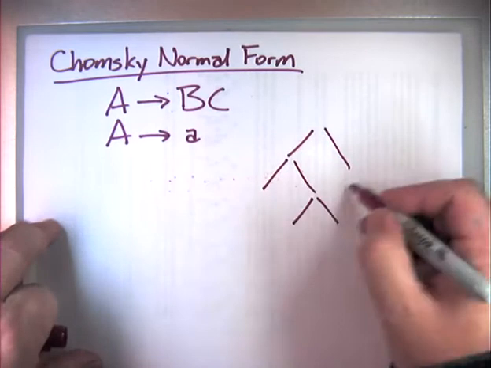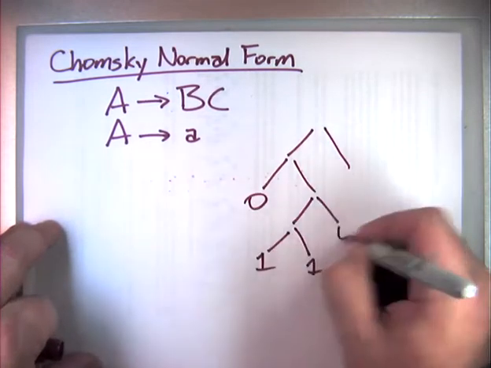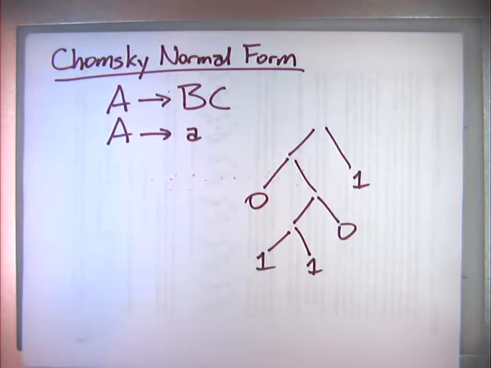Really what this restriction imposes is that the parse tree that you end up with is always going to be a full binary tree with exactly 1 symbol at each leaf. Every internal node will have 2 children, because in every non-terminating production, I have 2 non-terminals on the right side, and every leaf will contain exactly 1 symbol.